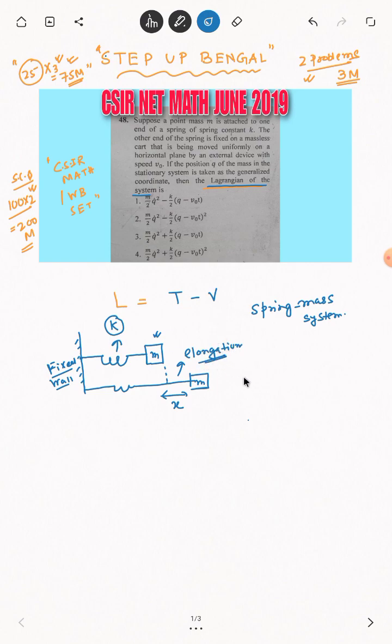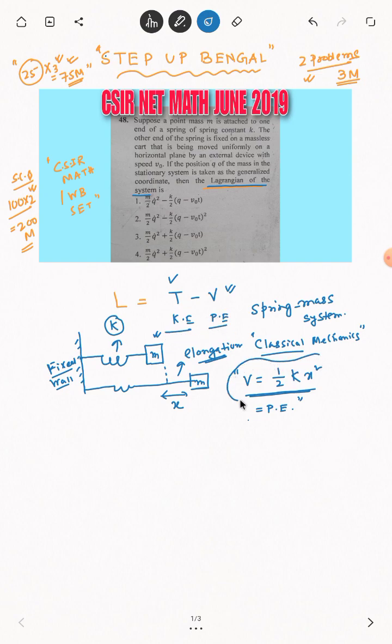Then we have seen that V equals half k x square. This is the standard formula for V, that means potential energy. All of you who are new to the channel, please revisit our channel with the playlist of classical mechanics, from where you can easily see previous videos and the tips to calculate kinetic energy T and potential energy V. In the case of the spring mass system, the formula is very simple, V equals half k x square.